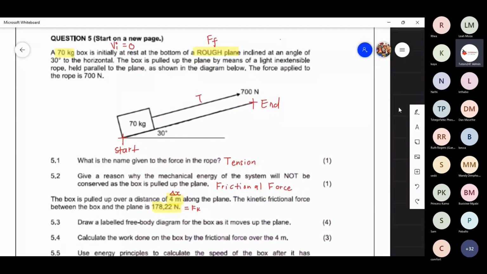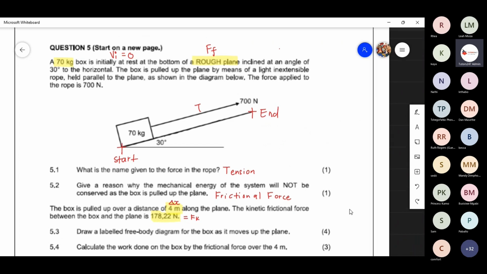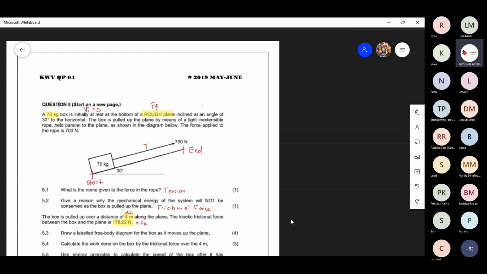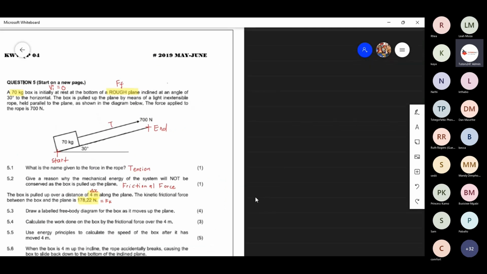Question 5.3. Draw a labeled free body diagram for the box as it moves up the plane. Now this is something that a lot of students were struggling with. I believe last week when we had a chat on the WhatsApp group, a lot of students mentioned that they struggle with drawing free body diagrams.